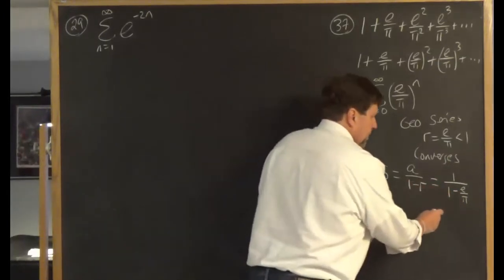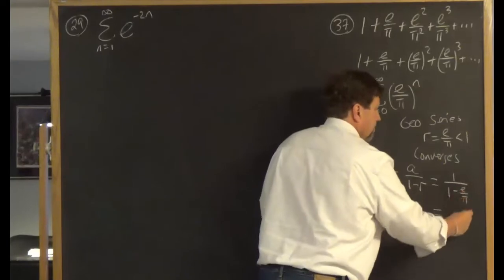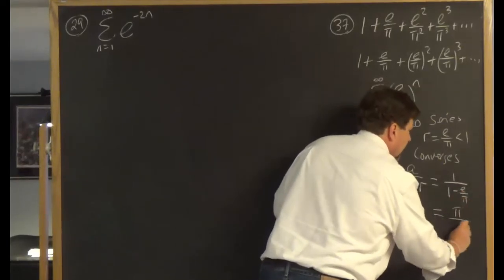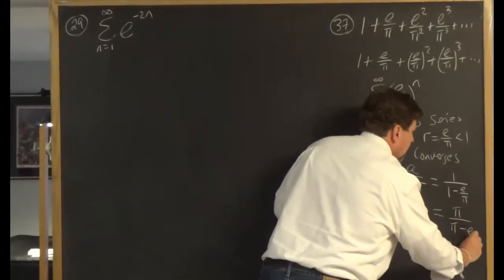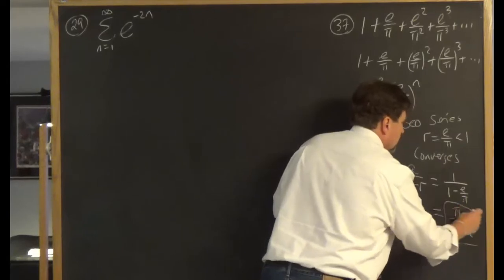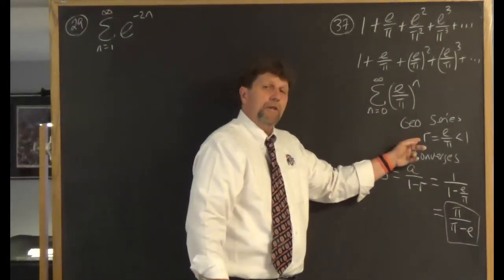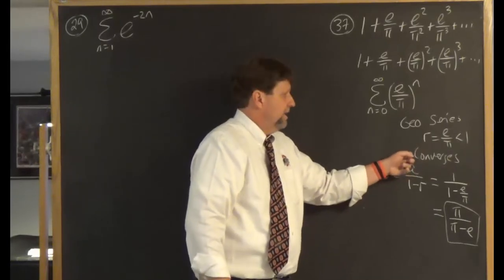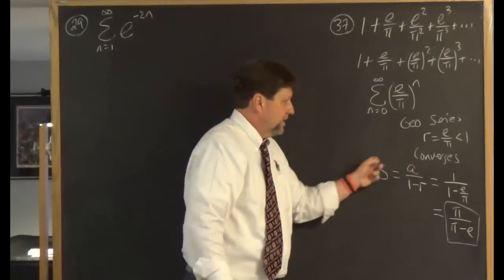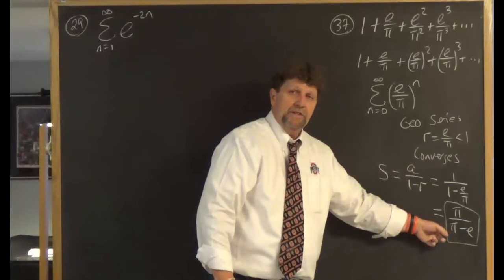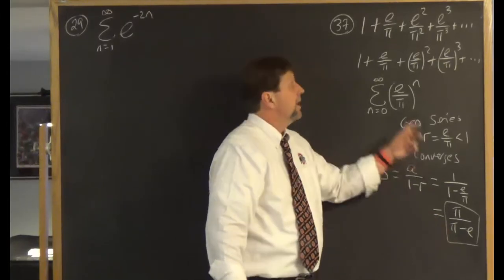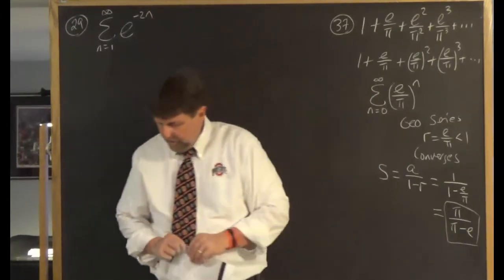So I could just multiply the numerator and denominator by pi to get pi over pi minus e. So for this geometric series, I wrote down what the r was, my conclusion that it converges, and then I came up with the sum. So 37, pretty straightforward.